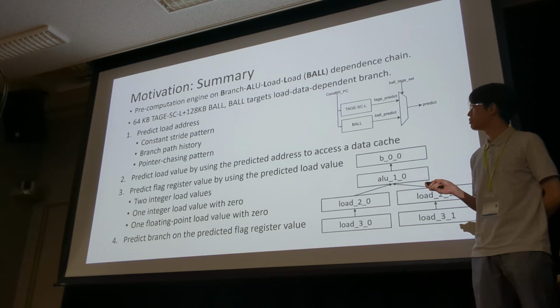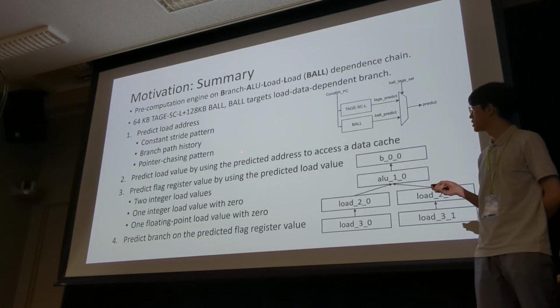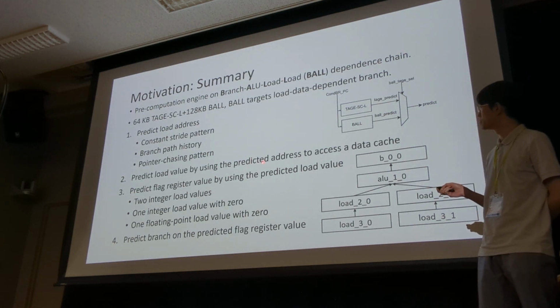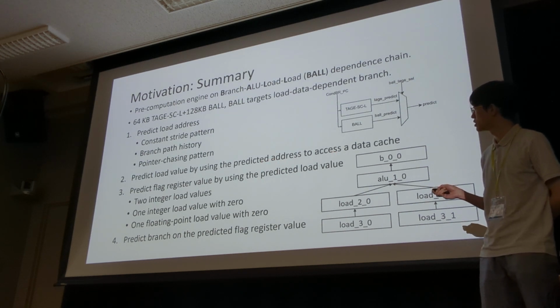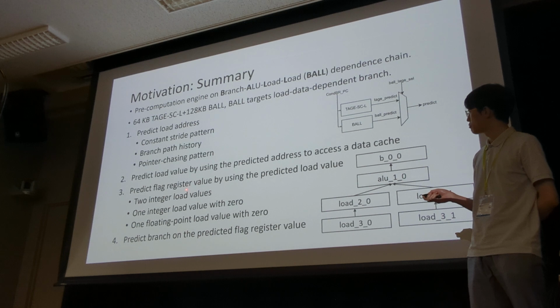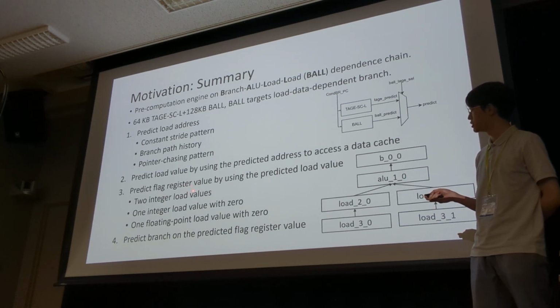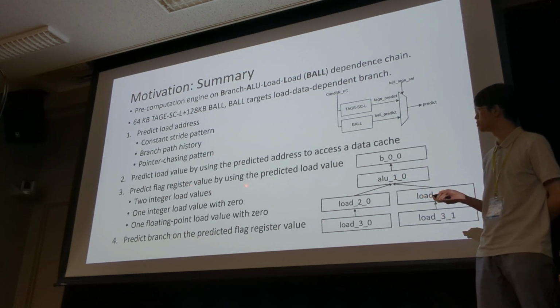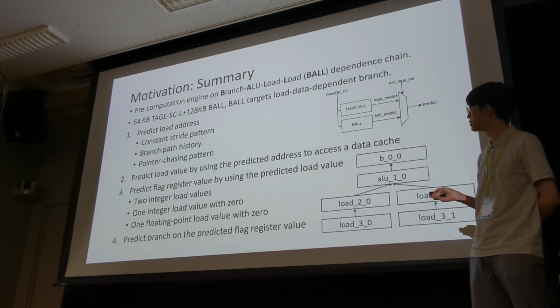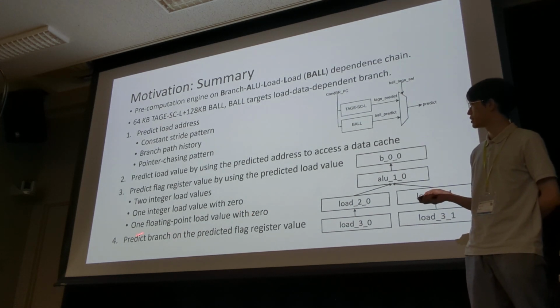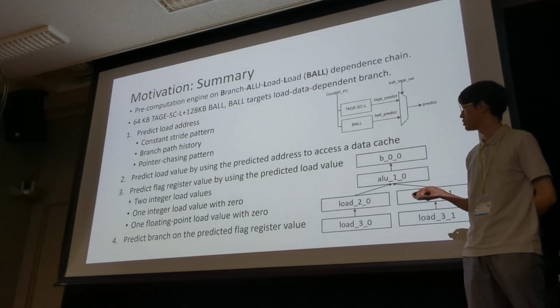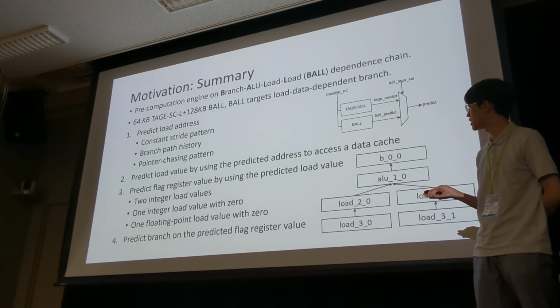First, it predicts the load address by these 3 patterns, and then predicts the load value by using the predicted address to access the data cache. Then it predicts the flag register value by using the predicted load value. They are compared with each other or compared with integer or floating point 0. And at the last, it predicts the branch based on the predicted flag register value.